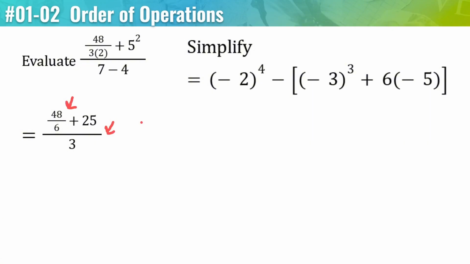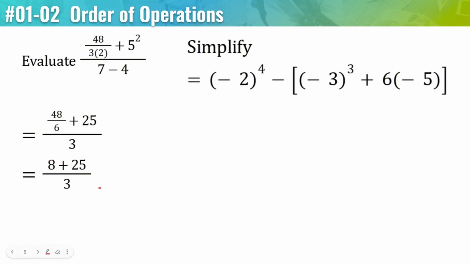So regardless of that, in PEMDAS, we always do the inner fraction first. So 48 divided by 6 is 8. And now here in the fraction, we have to add 8 and 25 first because of PEMDAS.